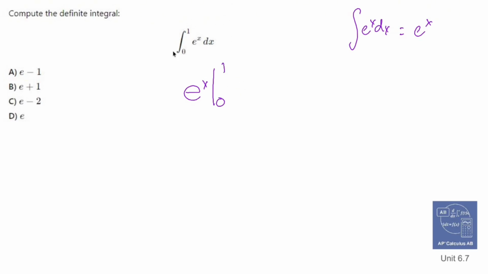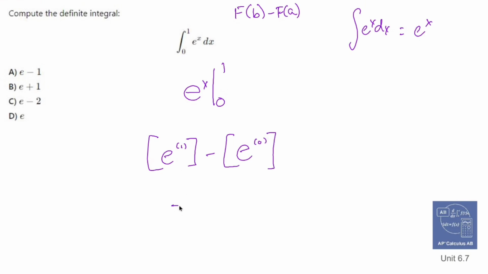Remember the rule, when you integrate and you have limits of integration, you take the antiderivative, which I just did, plug in the upper limit, plug in the lower limit, subtract the upper one minus the lower one. So in this case, I have e to the x, upper limit is 1, so e to the 1st power minus e to the x, plug in the lower limit, e to the 0 power. E to the 1st is e, anything to the 0th is 1, so e minus 1 is going to be our guy.